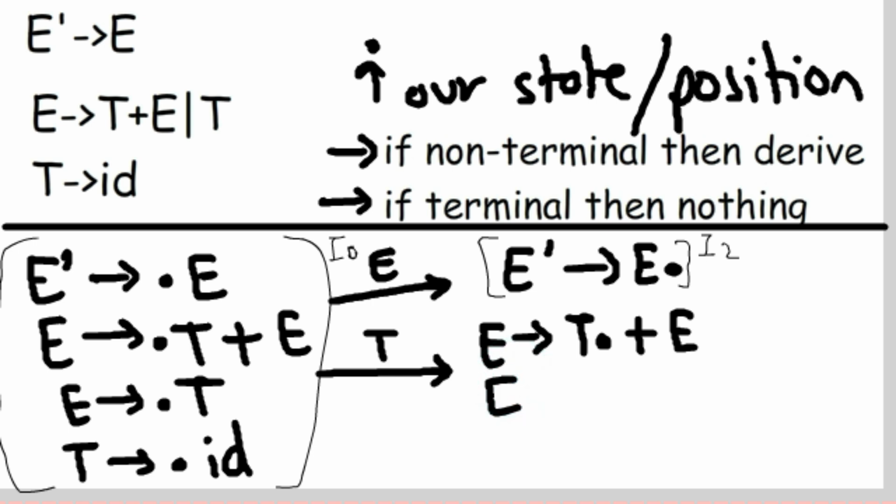So E tends to T dot. You can understand this, that this dot went here and this dot went here after reading T. And this thing is now item number 2, okay, the first item was item number 0. So this is item number 1 and this is item number 2.